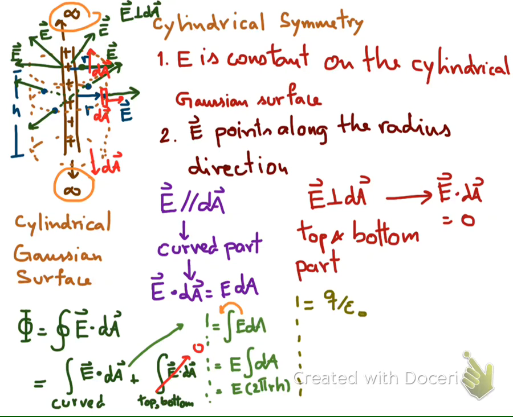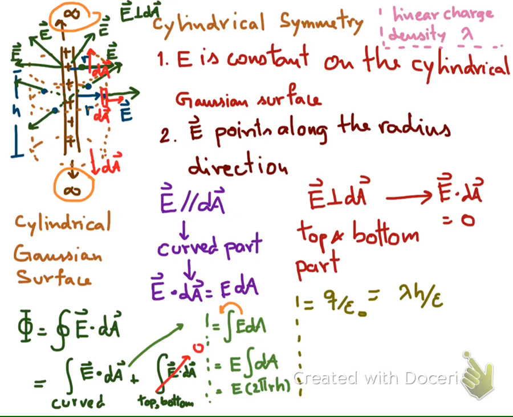If we know that the linear charge density is equal to lambda, then this Q is equal to lambda h.